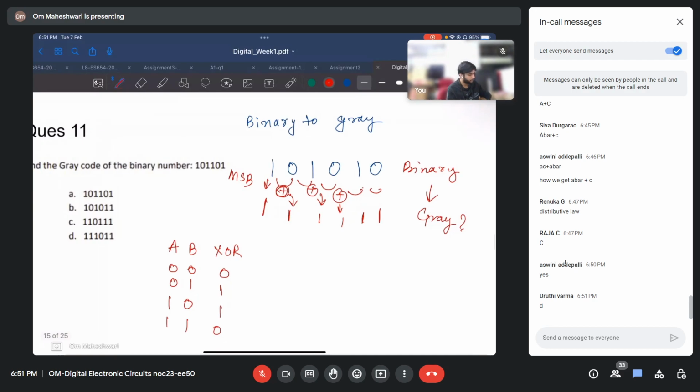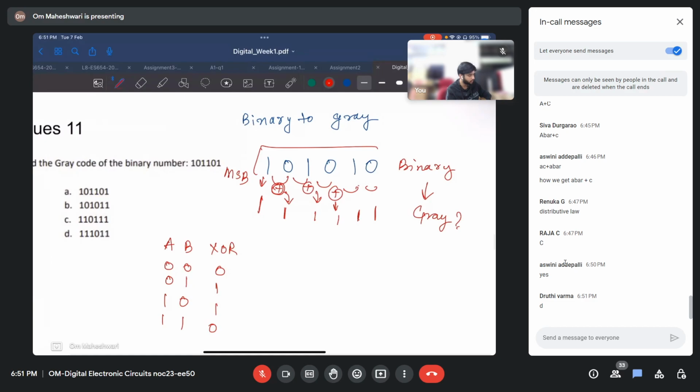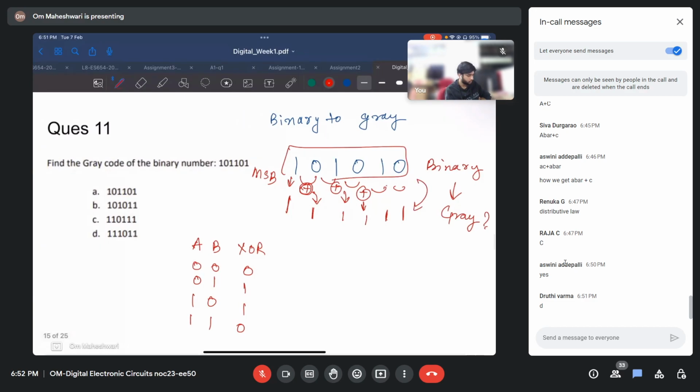So the gray conversion of this number is this. So is it clear? The method, we write MSB as it is, and then we just keep doing XOR of the two digits and then write it here, right? So I'll let you do this. Please let me know the answer.